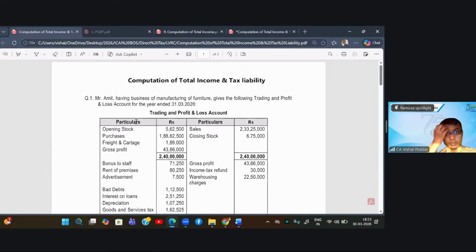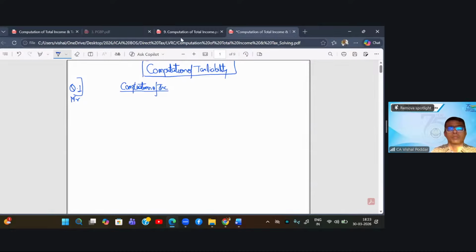Mr. Amit. So, it is individual. Age is not given, so we assume the person is not a senior citizen. Nothing is given, so I also assume the person is ROR. And PY is our relevant PY 2025-26.